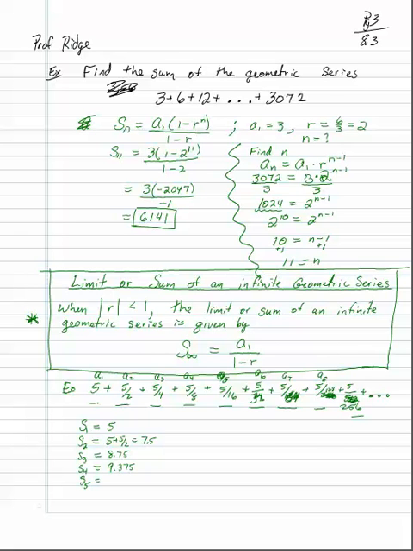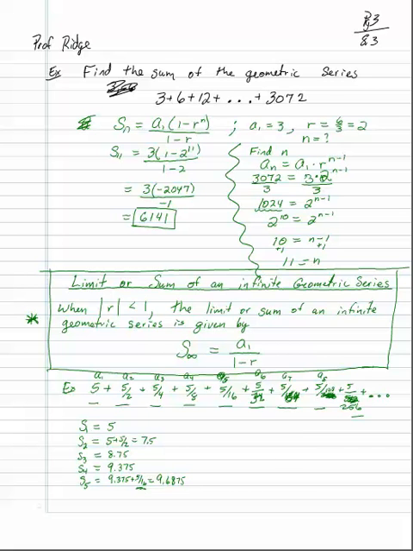And S5 would be 9.375 plus the next term, which is 5 sixteenths, so 5 divided by 16, and we get 9.6875. The reason I wrote it this way is that you're adding 5 sixteenths, and the next one I'm going to add is 5 32nds, which is 5 divided by 32, or 0.156.